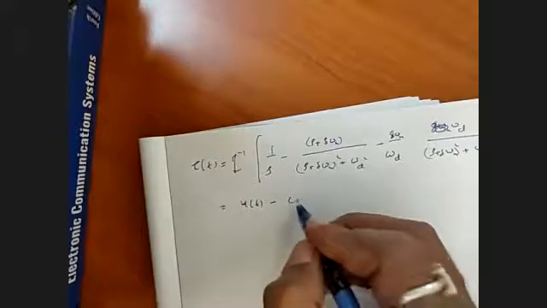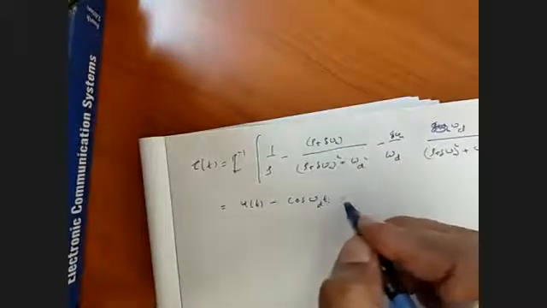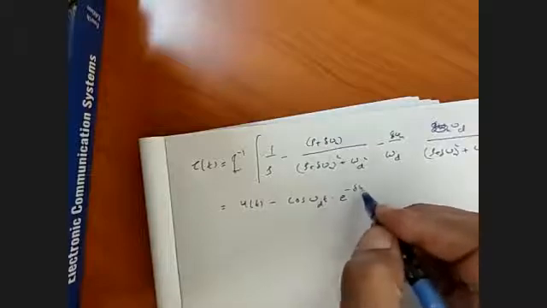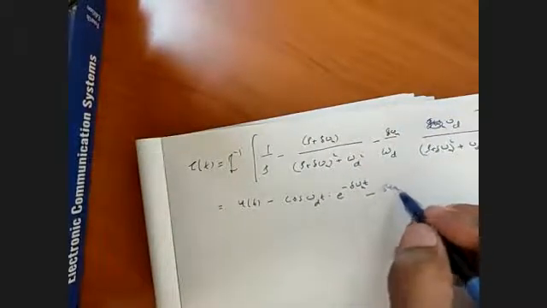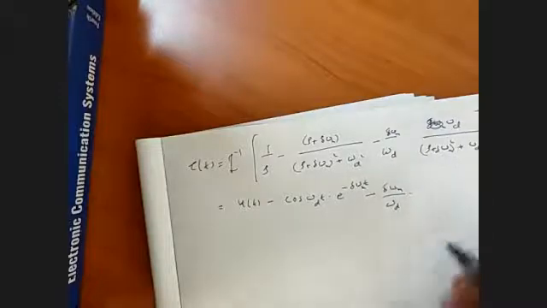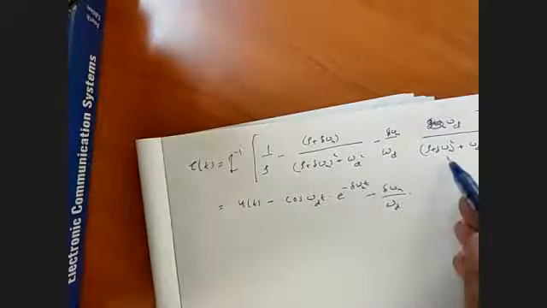So that becomes cos omega d t into e raised to power minus delta omega n t, minus delta omega n upon omega d, times omega d upon (s plus delta omega n) square plus omega d square.